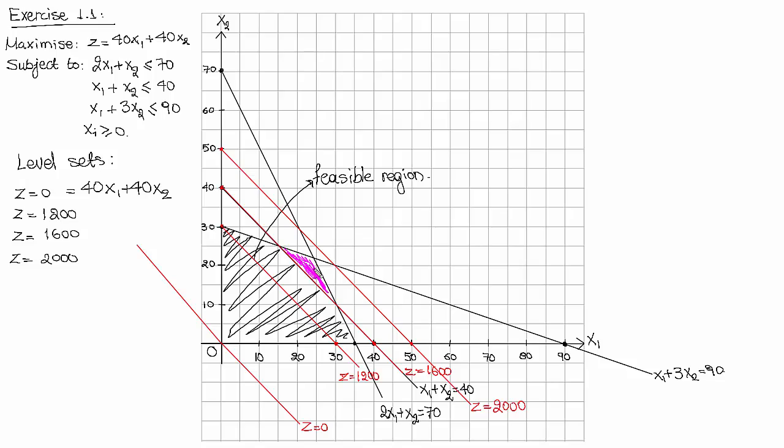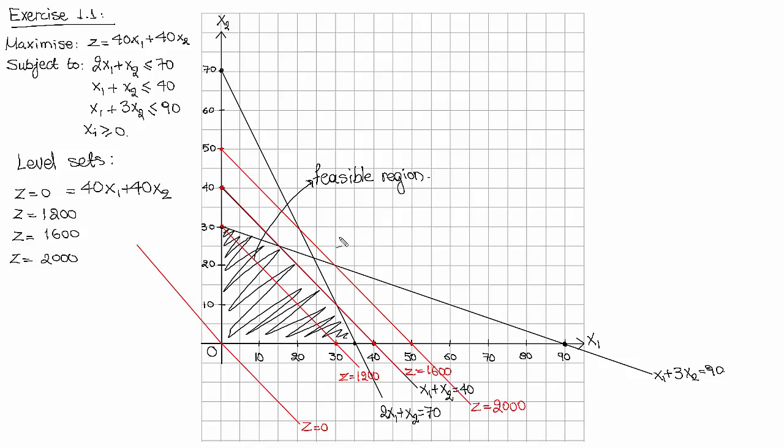And then our optimal solution would be at this corner here, because this is the only corner that exists between these two level sets, the one that goes through the feasible region and the one that just leaves the feasible region.